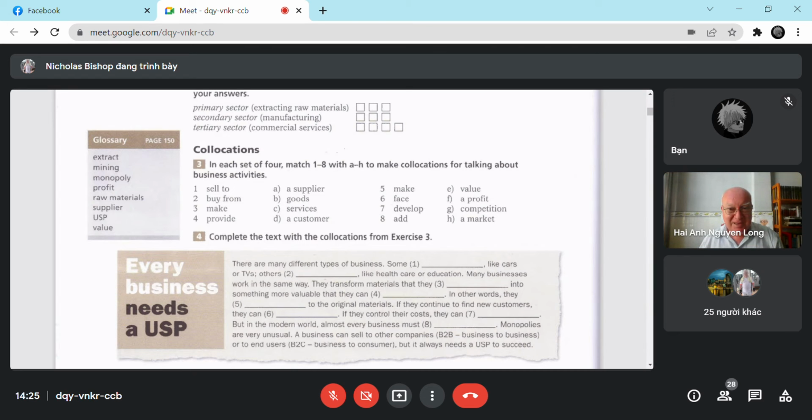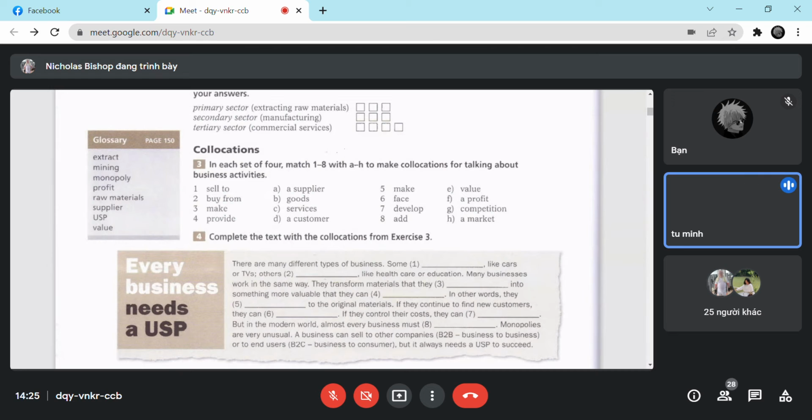I think it's D. Sell to a customer. Okay, that actually looks right. How about number 2? Buy from. I think buy from the supplier. So that's A, buy from a supplier.